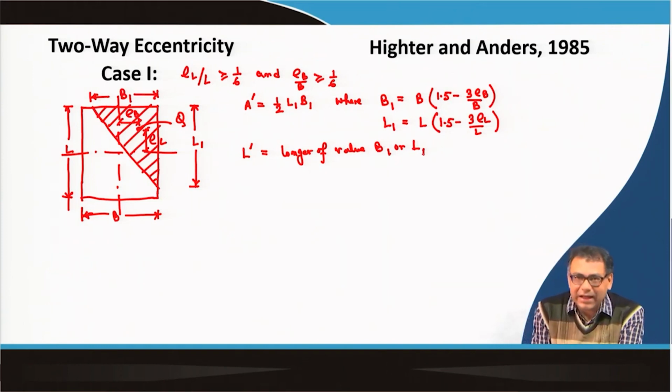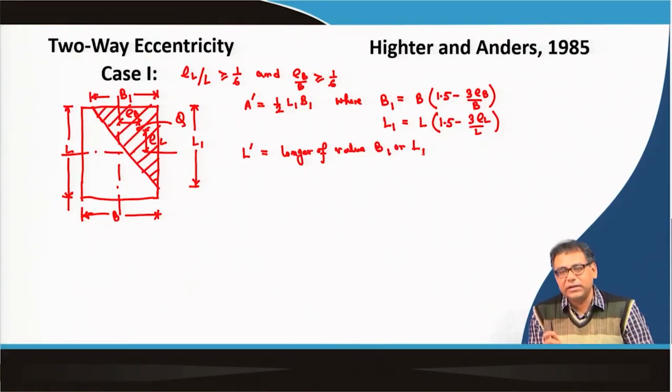That means L dash, the effective length, will be the larger value of B_1 or L_1.